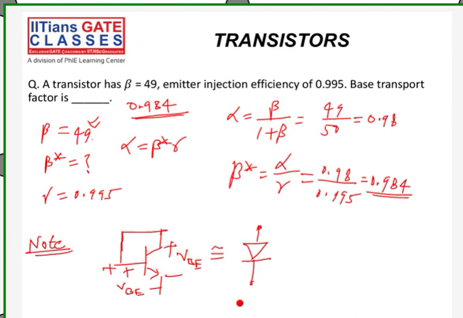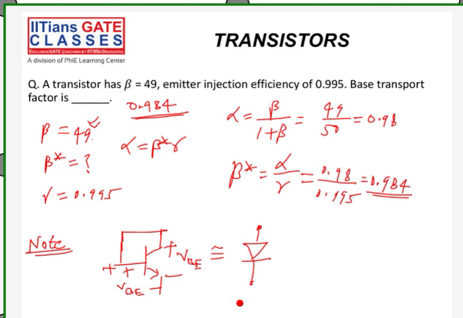The arrowhead indicates the direction of electron current in the emitter. So I think it is clear that if the collector region is shorted with the base, it will act as a diode.